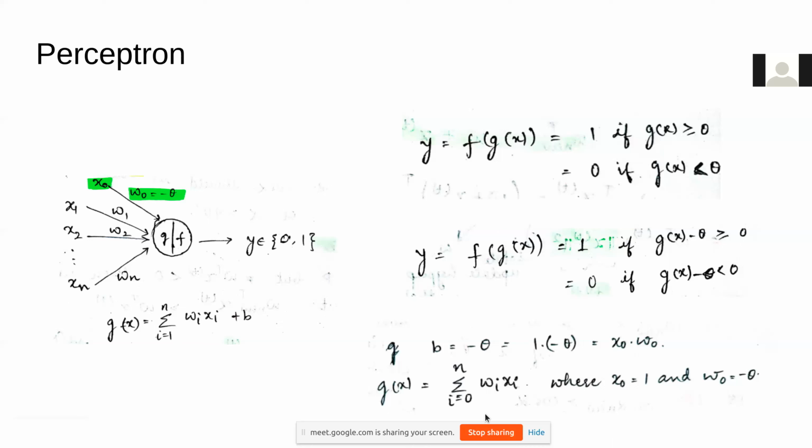This zeroth term is nothing but x0 w0, where x0 will always be 1 and w0, if we compare with the thresholded model, is representing the minus theta. This is the perceptron.